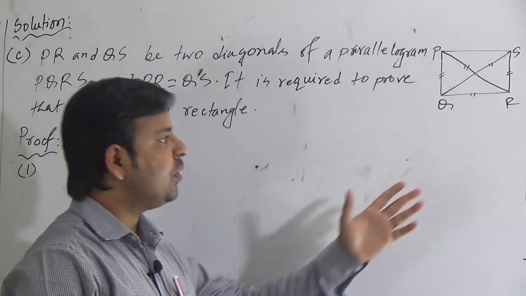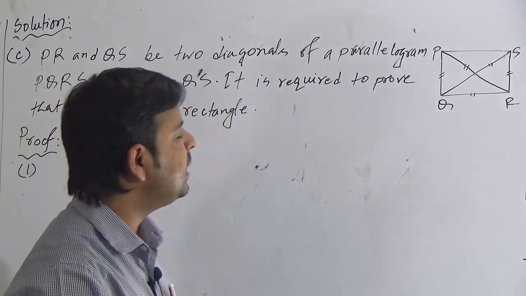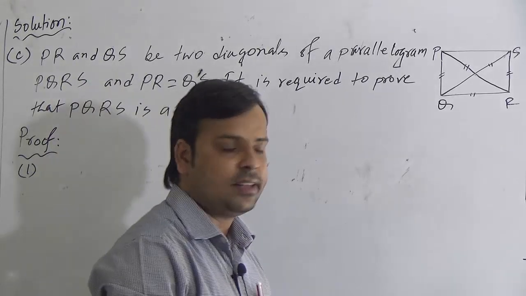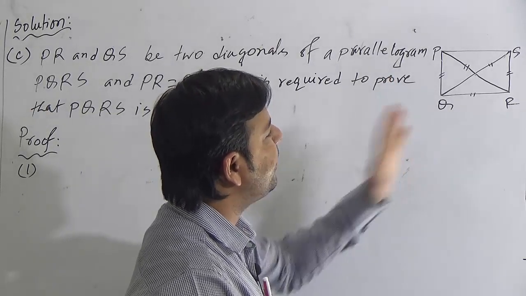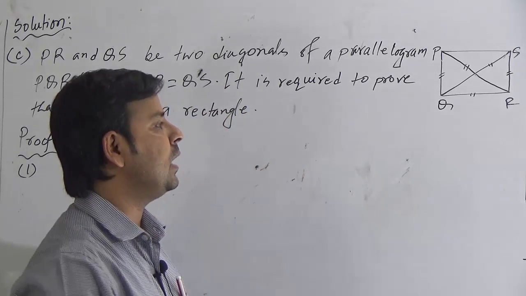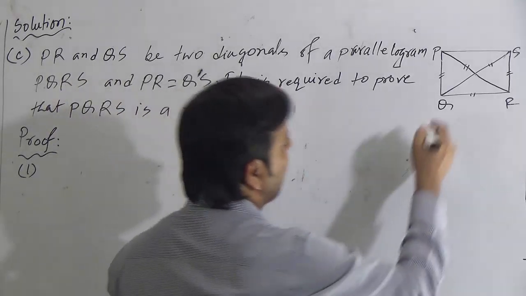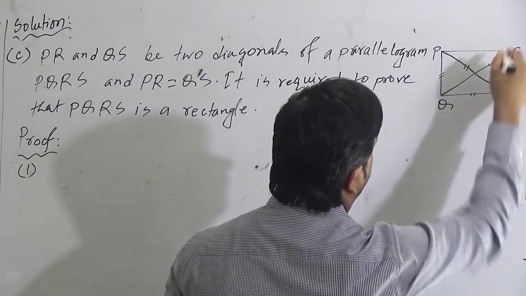So, if you apply the side theorem of congruency of two triangles, you will get these two triangles PQR and QRS are congruent.